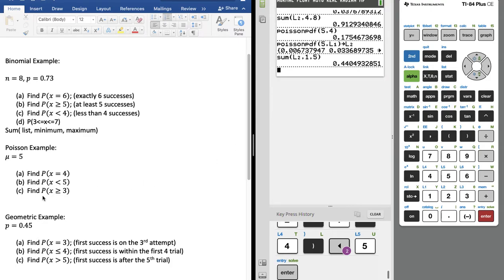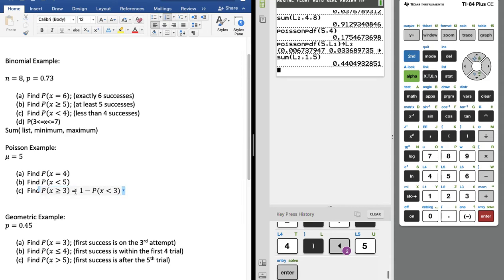Okay, and now let's do one more. So here we're looking for the probability that x is greater than or equal to 3. This is the one where you're actually going to have to use the complement. So remember, the complement of greater than or equal to 3 is actually 1 minus the probability of x being less than 3.